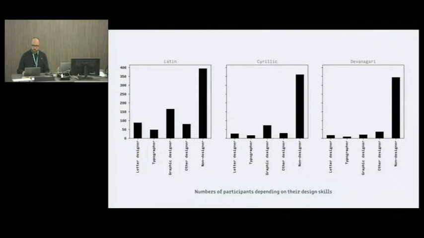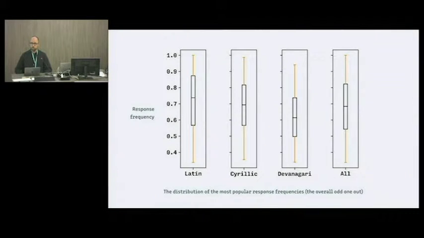So the first thing you can deduce from the studies is you can collect the response frequencies and then pick the odd one out, the most popular response, and have a look at that overall for each script. That gives you some indication about how difficult the task was for the participants.